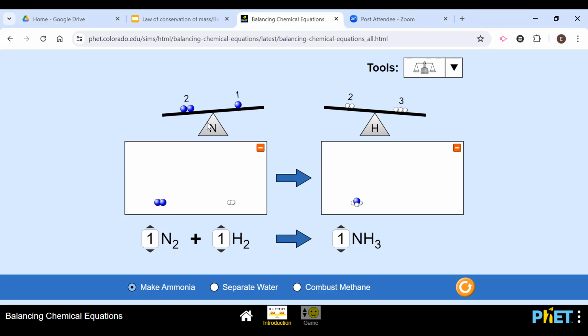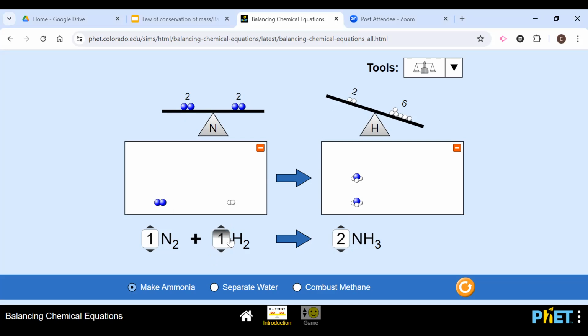This clearly tells us that I don't have an equal number of nitrogen atoms. That's 1 on the product side, and 2 on the reactant side. How do I make them equal? I will add this. You see, now I have 2, right? Now I have 6 hydrogen atoms: 1, 2, 3, 6.